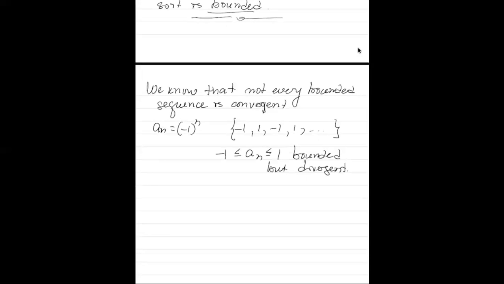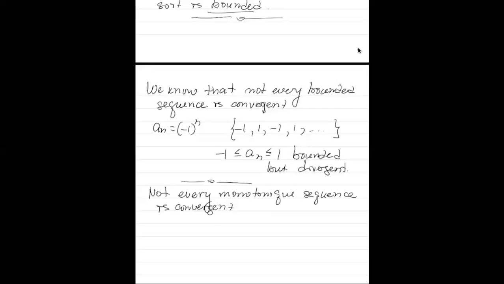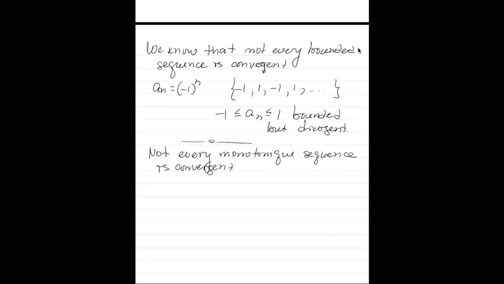So another note is that not every monotonic sequence is convergent either. Okay, so example, a sub n equals n is monotonic.